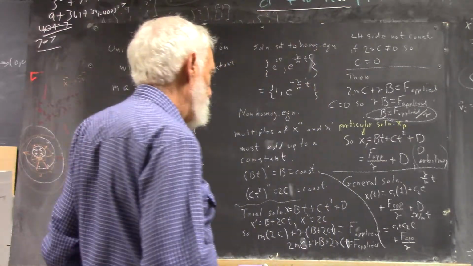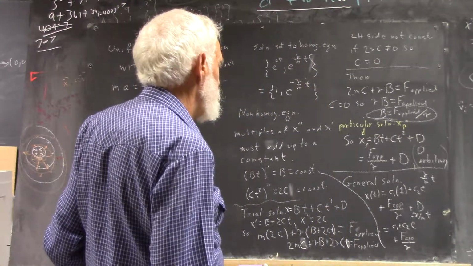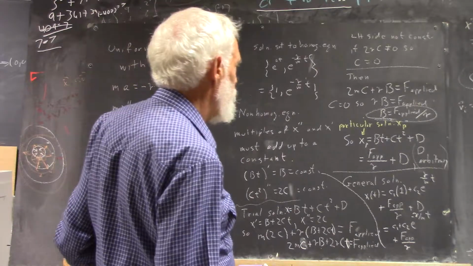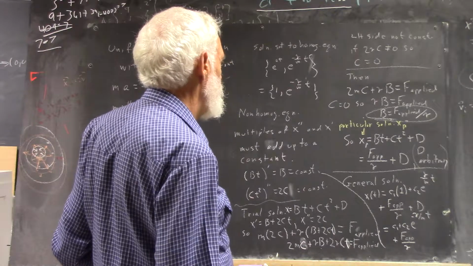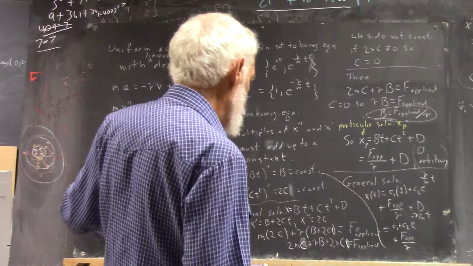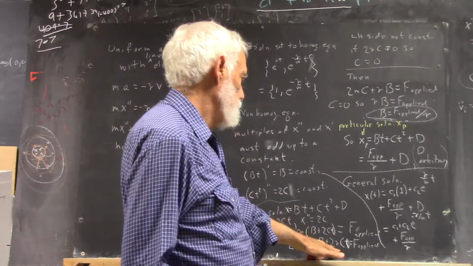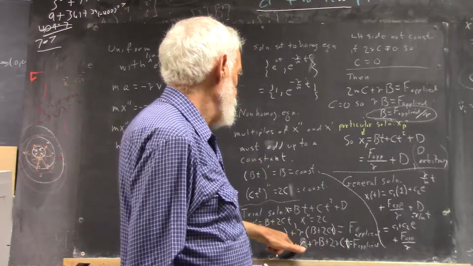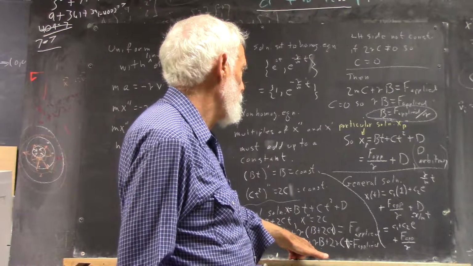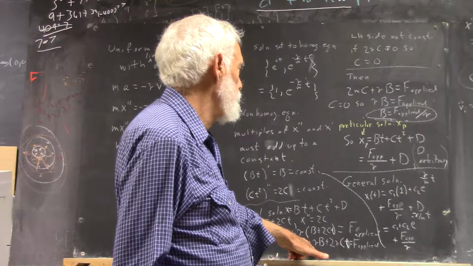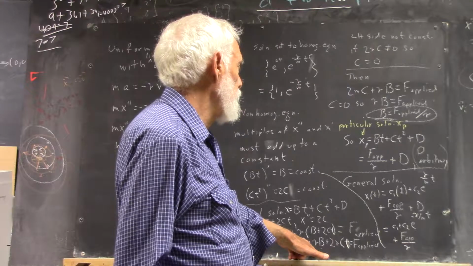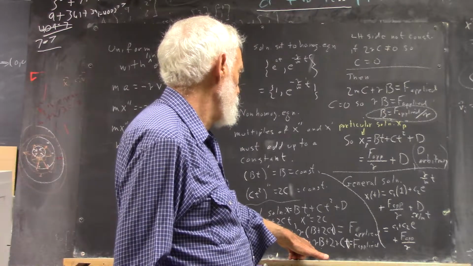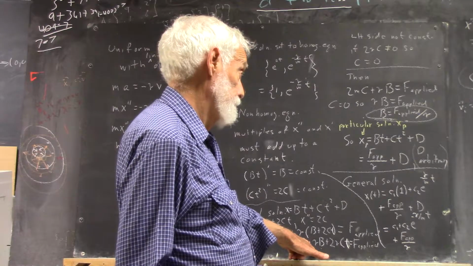Okay, so let's see. When we do this, we get C equals 0, and that's pretty clear from this. Now we get 2mc plus gamma b equals f applied, C 0, so it's f applied over m. That seems to work.